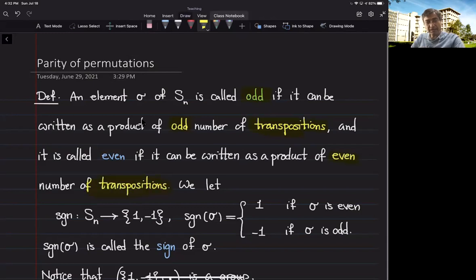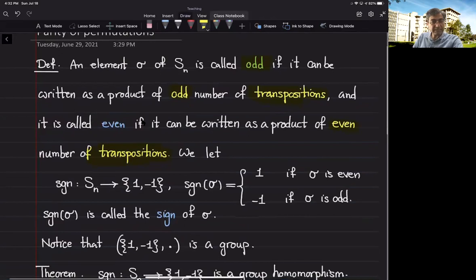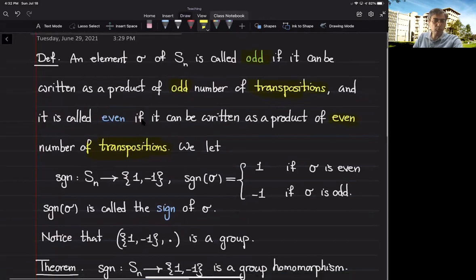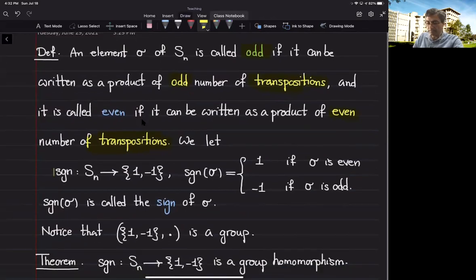Now, accordingly, I can define the following sign function. We call it the sign function on the symmetric group, the set of permutations. Sign of a permutation is either 1 or -1, depending on its parity. Sign of an even permutation is 1, and sign of an odd permutation is -1.